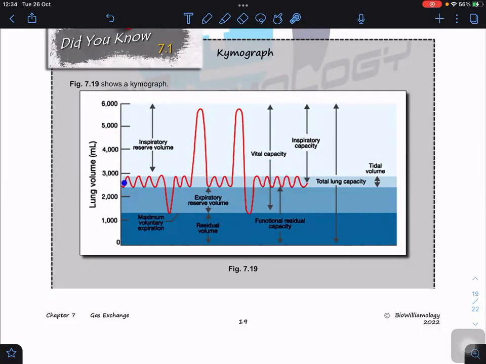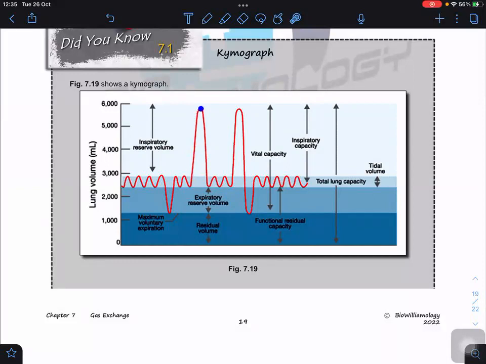It's the normal tidal volume. We don't force in or force out the air. But if I purposely force in the air, take in the air until maximum, this is termed the inspiratory reserve volume. This is the maximum that I can go.